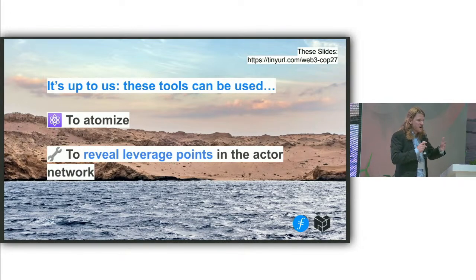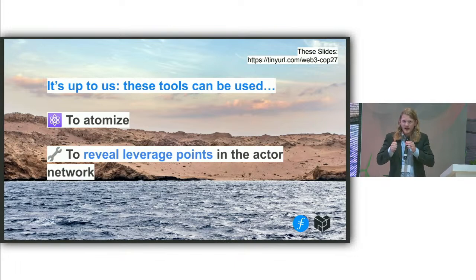I think as we are building these systems, we should think of them as networks that allow us to reveal where the leverage points are and where the positions of power are in the network, where we can have the most impact if we decarbonize those nodes. Right, so we should think about this really as a global carbon accounting system that should allow us collectively to determine where are the leverage points in that system and apply pressure on those leverage points.